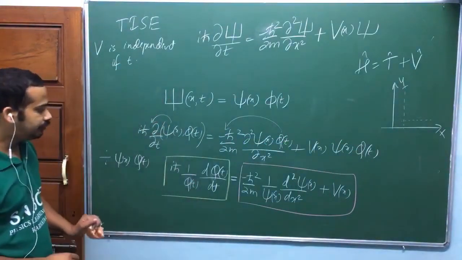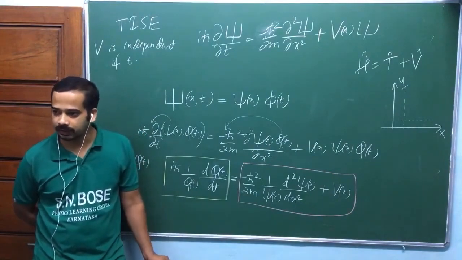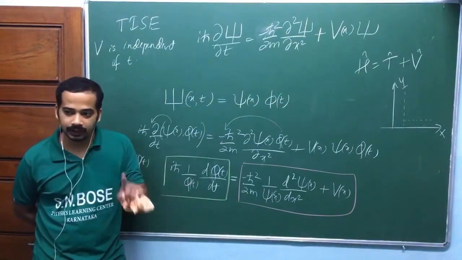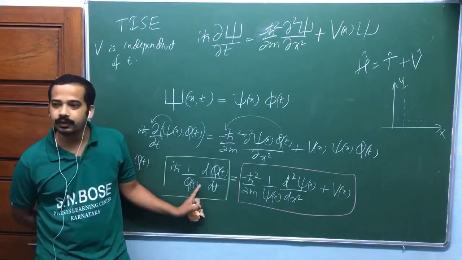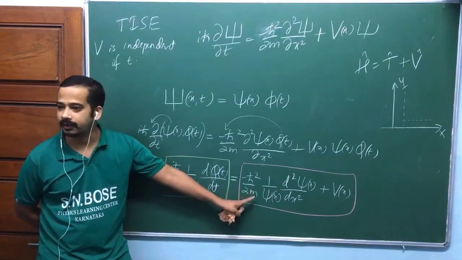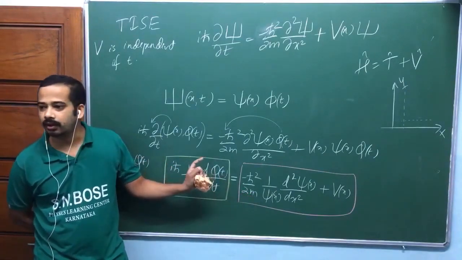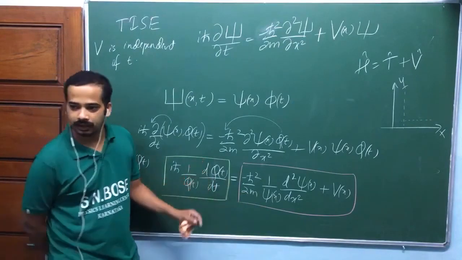Now, in that case, if you vary time without varying x, only this part will be varied. This part will not be varied, isn't it? If this part varies, this equality is gone. Okay, look at here.